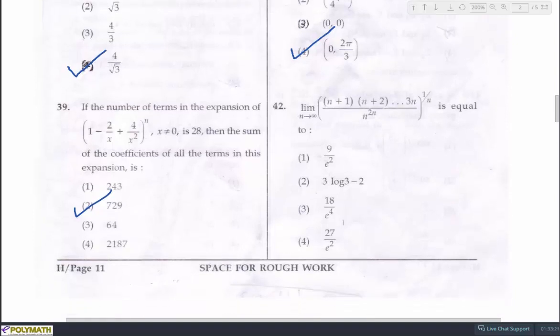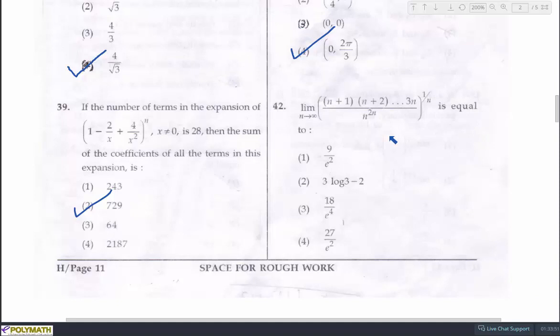It is 42, limit of (1 plus 1 by n)(1 plus 2 by n) and so on up to 3n, divided by n power 2n, whole power 1 by n, is equal to. So what you have to understand here is that it is the limit of a sum, that is, definite integral as a limit of sum.